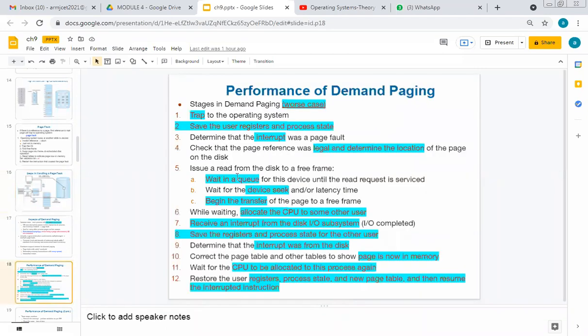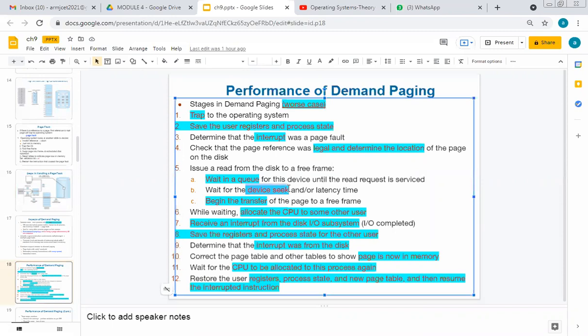During the wait state, the computer will search the hard disk and transfer the frame. Again, during this transfer, give the CPU to some other user. Why? Because you are not working on data, you are working on memory, so some other instruction can be executed.